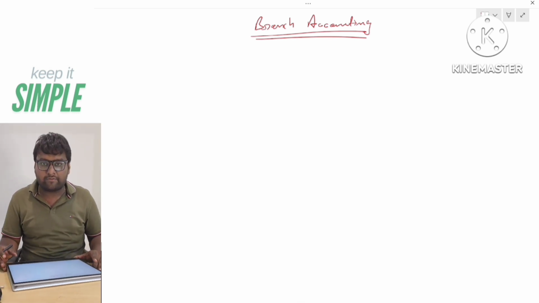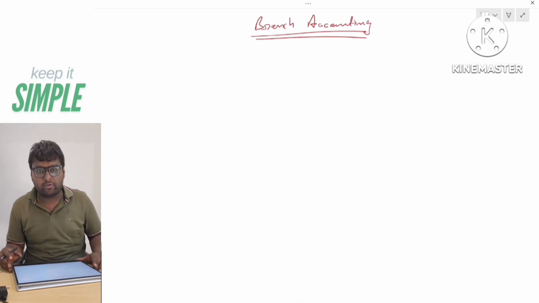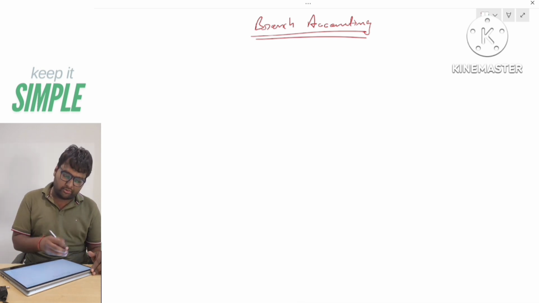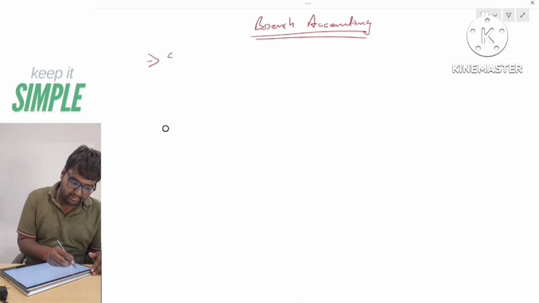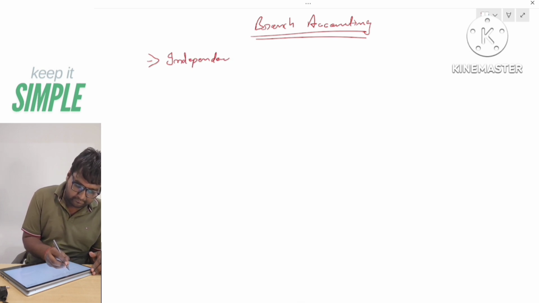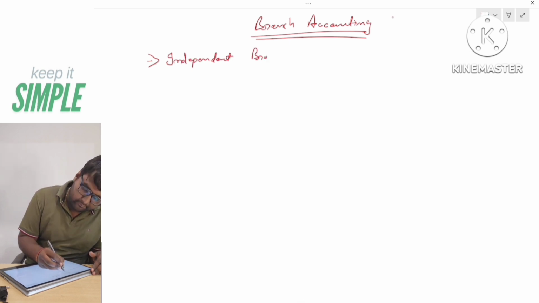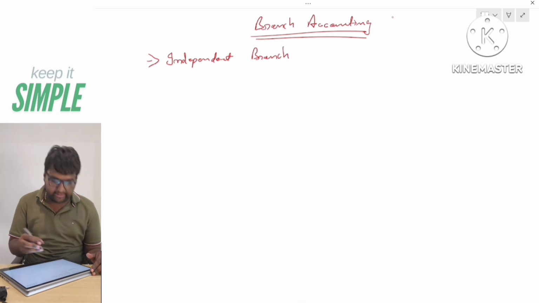So as usual, first of all, let me give an overview of what all things will be covered in the chapter. First thing being independent branch. Second being dependent branch.